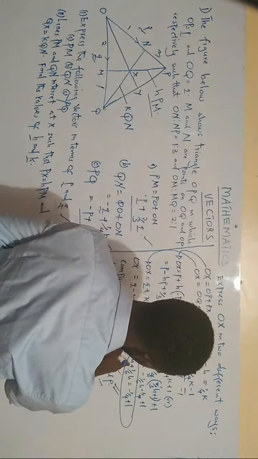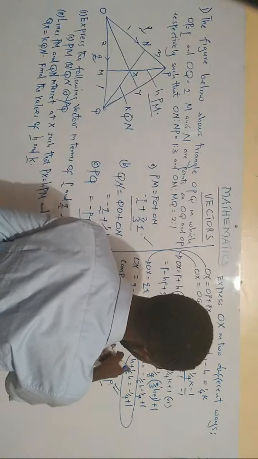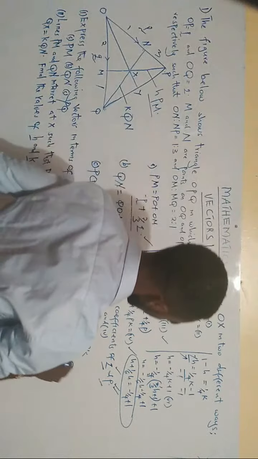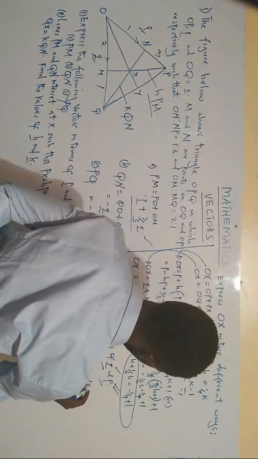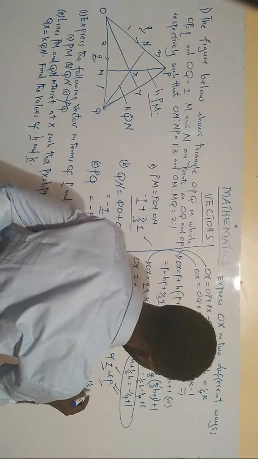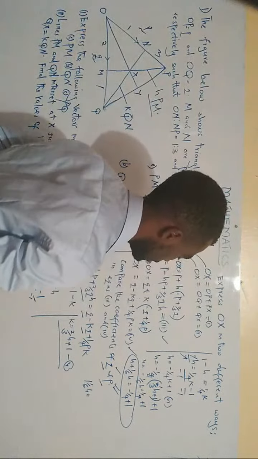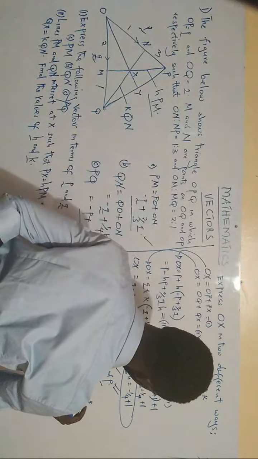So this will be 1 plus 1 over 6. This will be 1 and 1 over 6 h is equal to -1/4 plus 1. It will be positive 3 over 4.